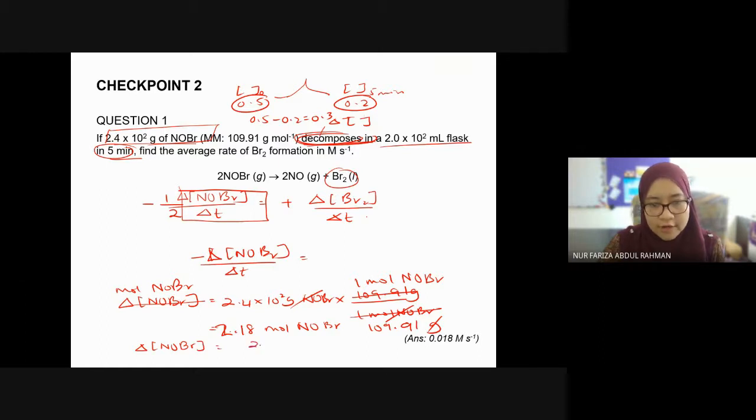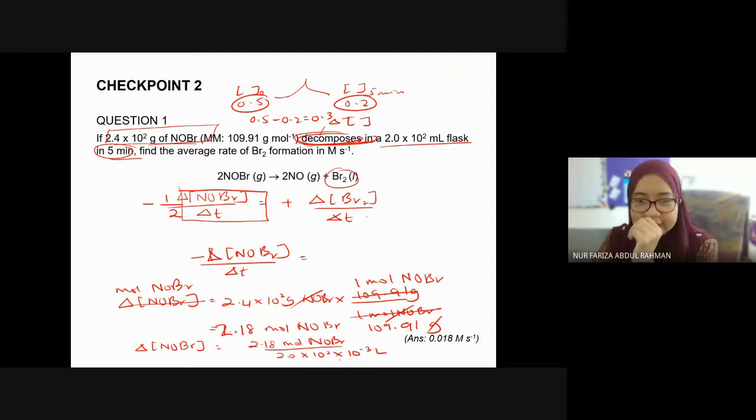So 2.18 mole NOBr divided by the volume, 2.0 times 10 to the power of 3 liter. When converting to liter, you divide. Right. So what's the value here? What's the molarity for this one, guys?